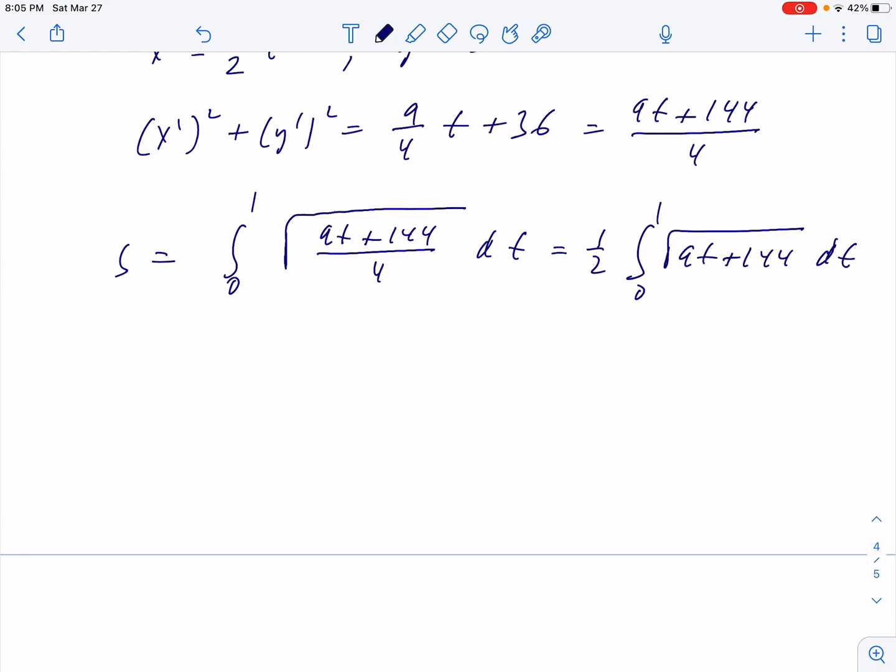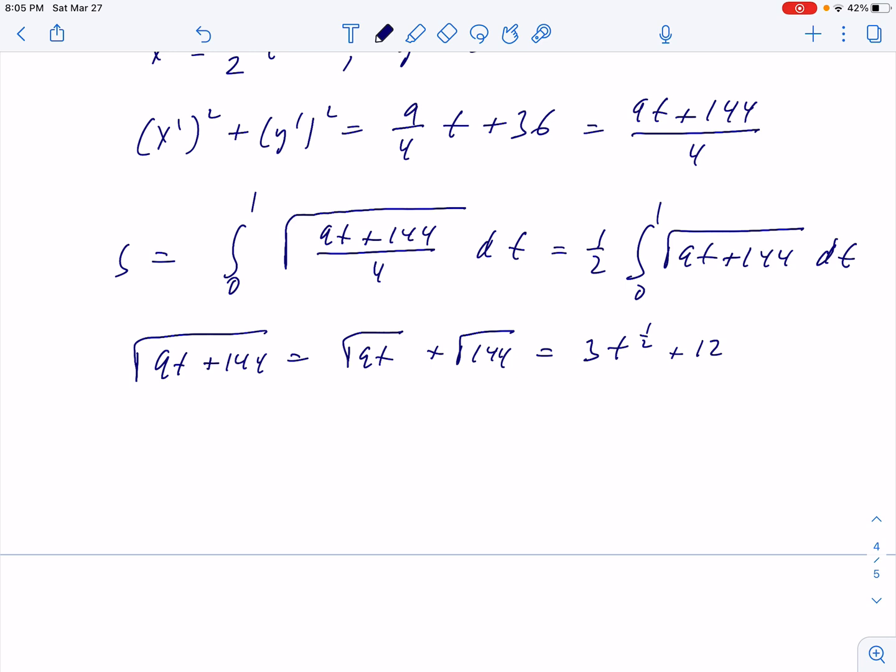This becomes very easy if we break the radical in two parts. We have exact squares here: 9t plus 144. It'll be very easy to write it this way: 144, and then this will be 3 t to the 1/2 plus 12.